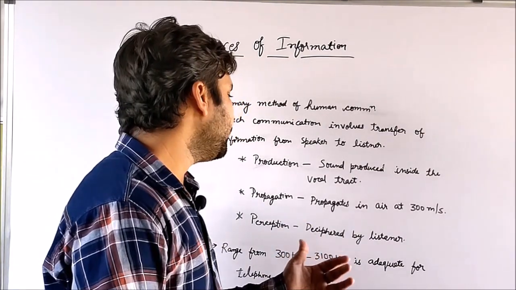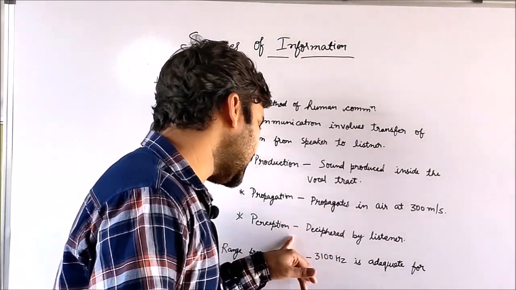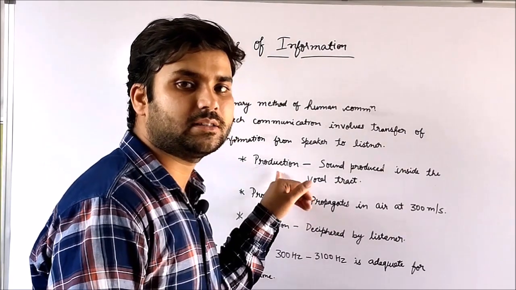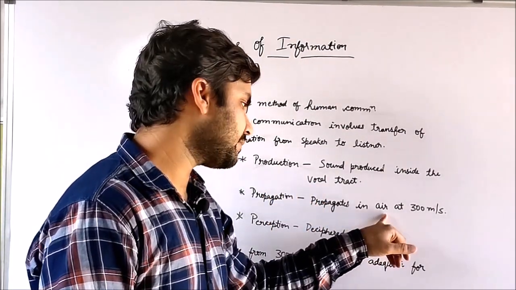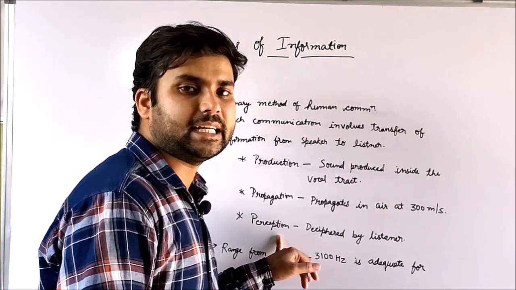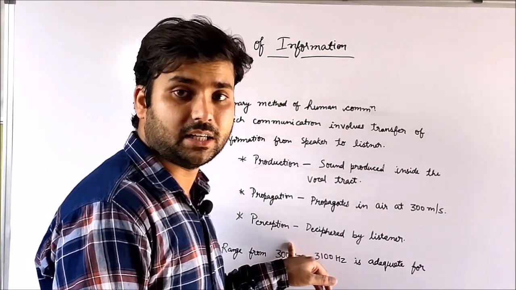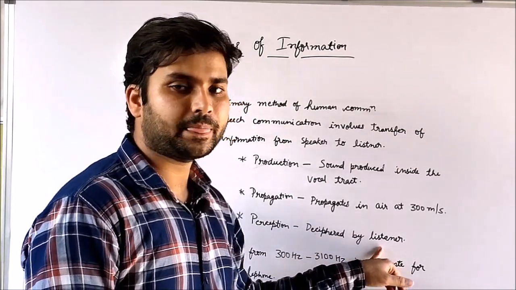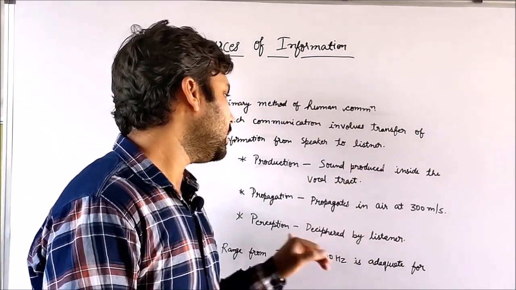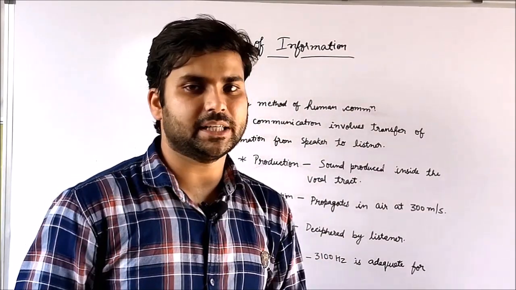Okay. So we can see here the production, propagation, and perception. Production is the source, propagation is through a medium, and perception is the data or speech signal received by the receiver or the listener. Okay, so let us see how this production of the sound takes place.